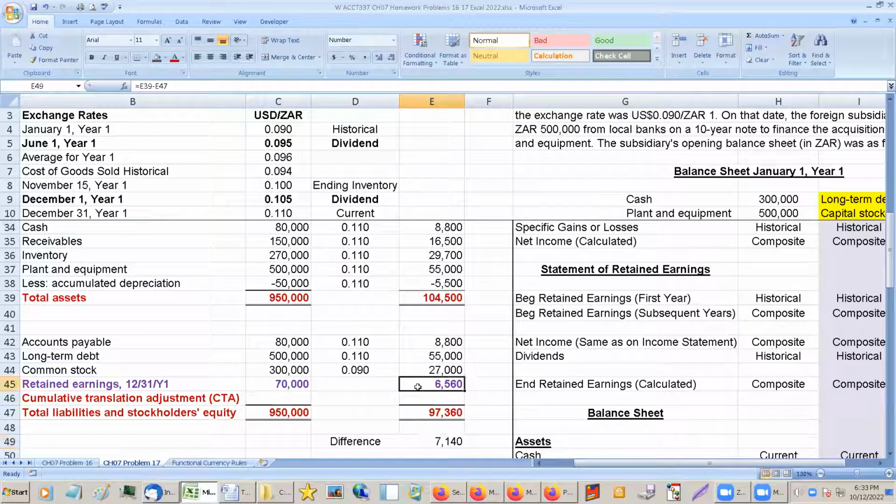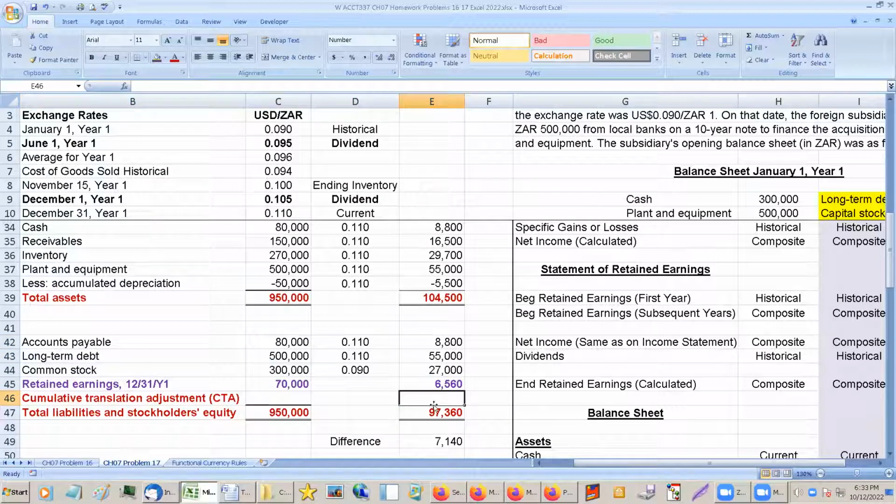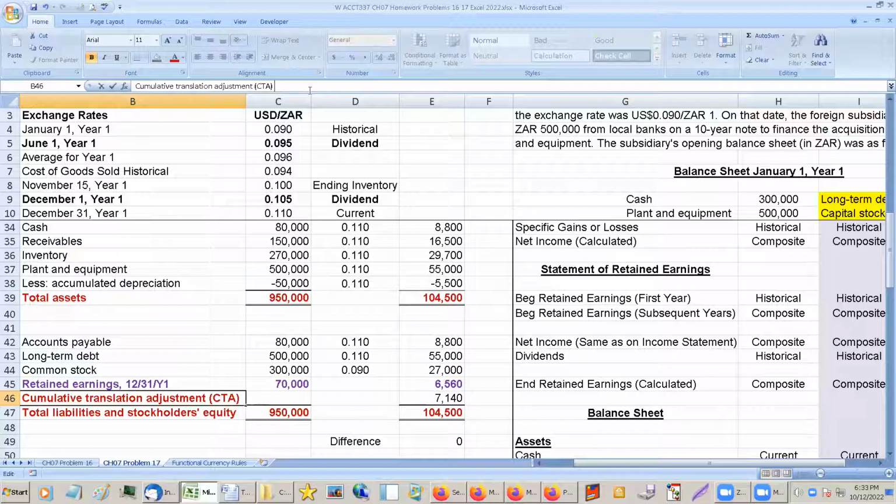It can be a gain. We have more assets than we have ownership rights and claims on it. So this will be a gain of 7140.